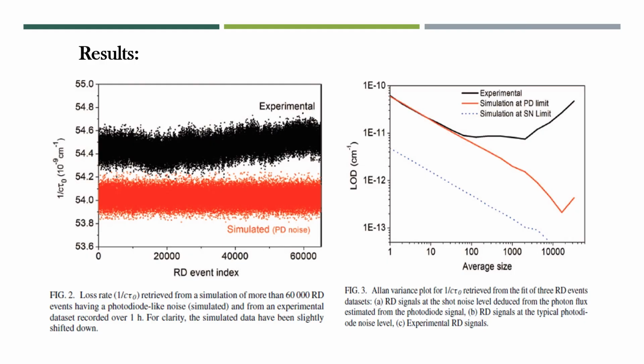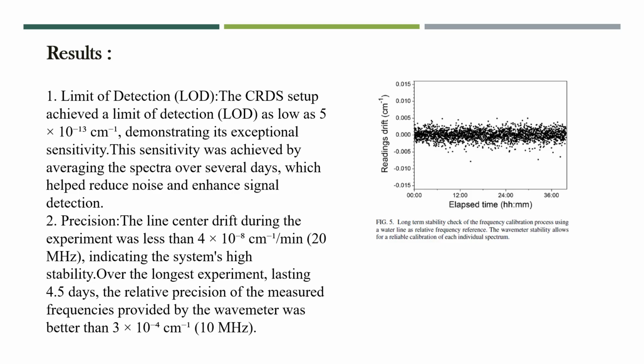Coming to results, these were the graphs plotted by the experimental setup. So the results include limit of detection. The CRDS setup achieved a limit of detection as low as 5 × 10^-13 per centimeter, demonstrating its exceptional sensitivity. This sensitivity was achieved by averaging the spectra over several days, which helped reduce noise and enhance signal detection.